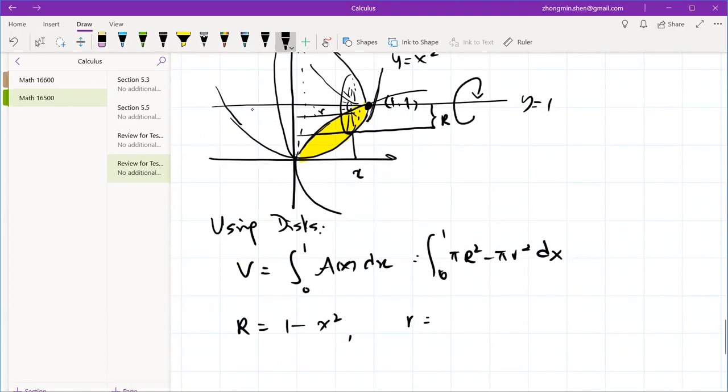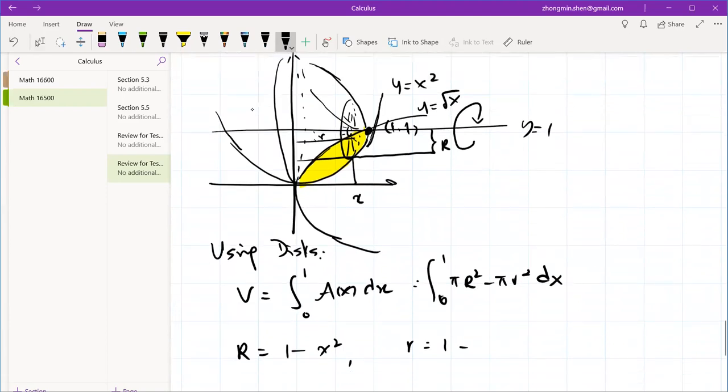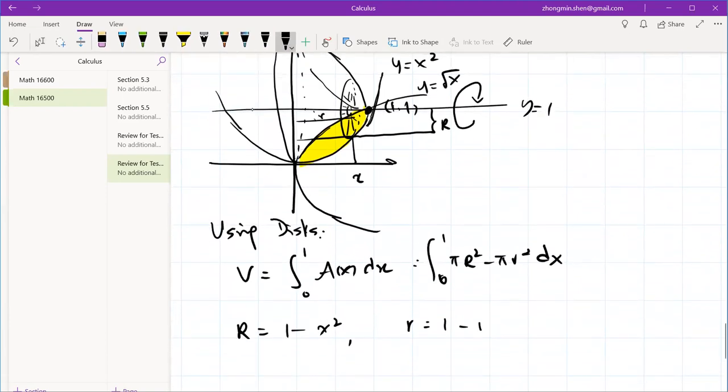The little r is also going to be 1 minus. If I describe the curve here, it's going to be y equals square root of x, because x equals y squared. So the difference is going to be square root of x.